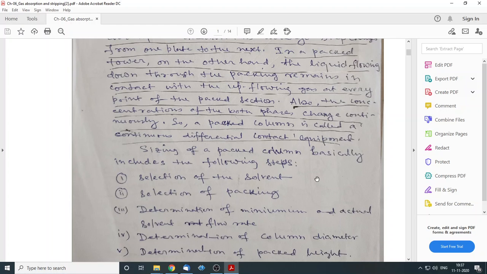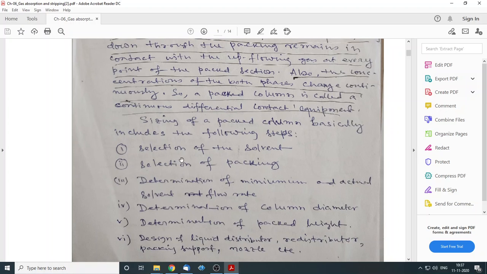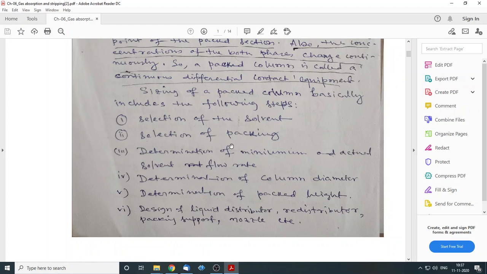Okay. So, sizing of a packed column basically includes the following steps. First, I have to select the solvent, which we already discussed. Selection of packing is discussed in chapter 5; my objective is always to make more surface area.